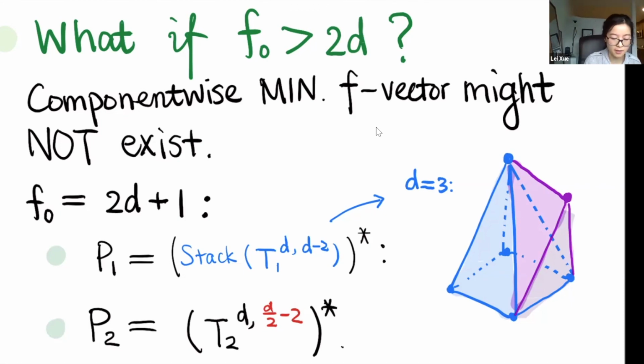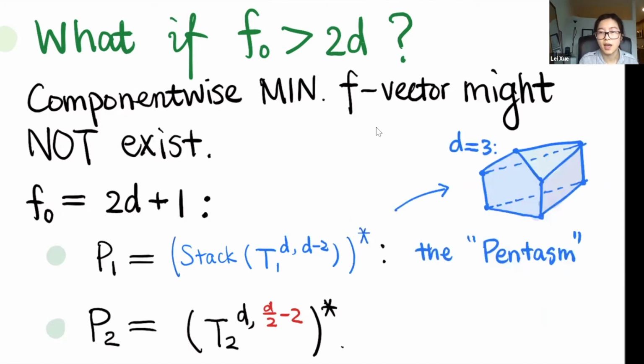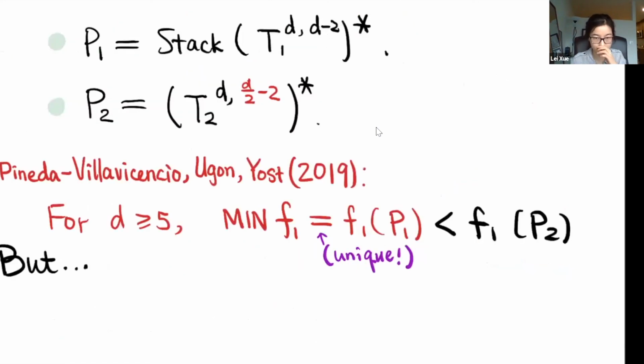In this example, any facet except for the bottom one, and you dualize. And hopefully you see why this is the so-called pentasome. This polytope in general, P1, will have exactly D plus 3 facets. And that is actually the problem. I'll keep these 2 polytopes on the next slides.